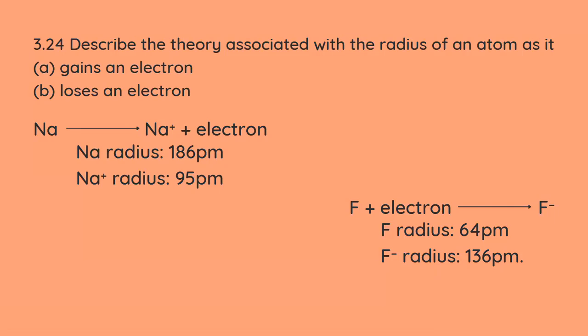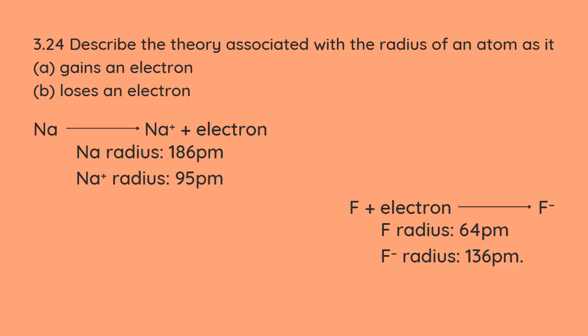Question 24. Describe the theory associated with the radius of the atom as it gains an electron or loses an electron. Basically, this question is a simplified version of what happens to the atomic radius when the cation and the anion are formed. As we learned before, we discussed this in the ionic radius.